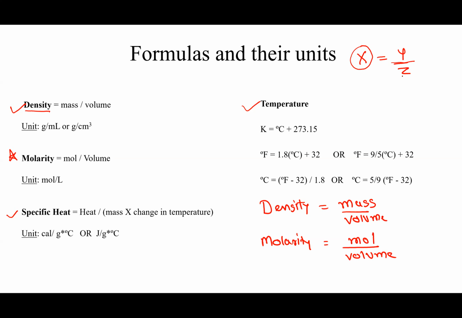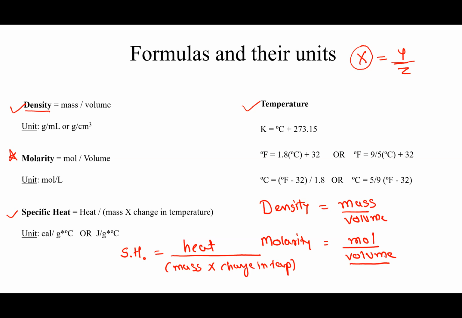The specific heat formula is also similar. In this case, I'm just going to abbreviate this specific heat. The formula is heat divided by mass times change in temperature, right? Again, the formula looks the same.